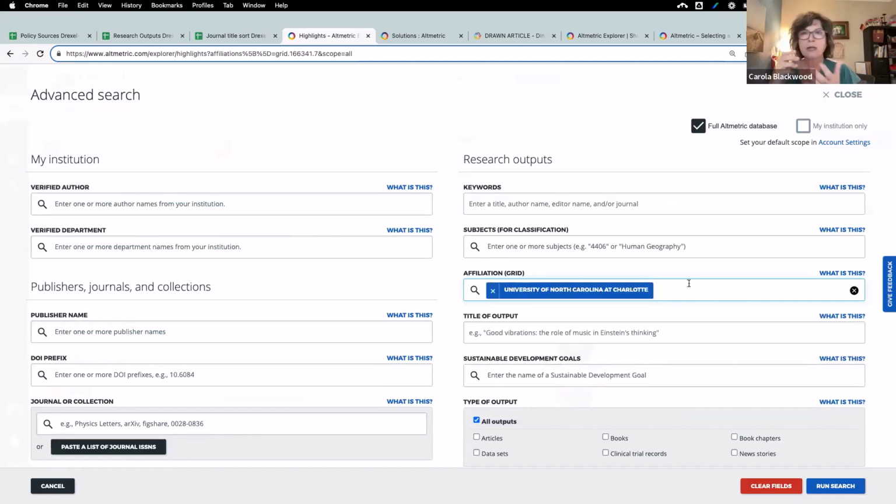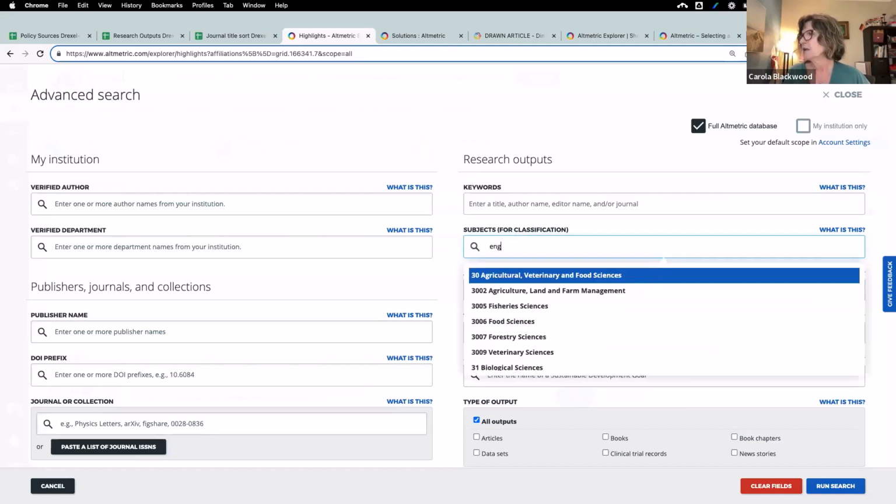So you would put in whoever you consider your peer institution, and then let's say you want to see what they are doing in biochemistry or in engineering. You would put in a subject, a field of research classification, for example, engineering.